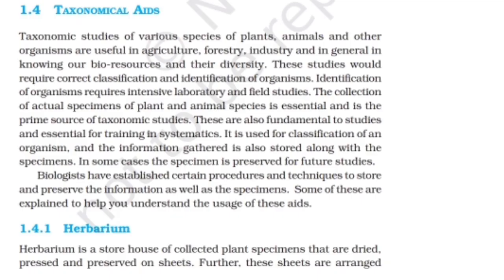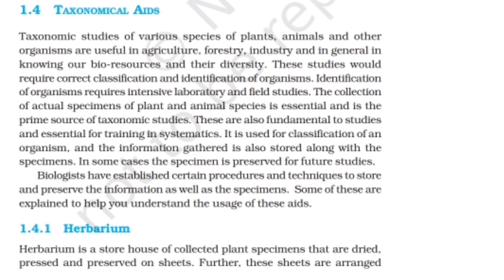1.4 Taxonomical aids. Taxonomic studies of various species of plants, animals and other organisms are useful in agriculture, forestry, industry and in general in knowing our bioresources and their diversity. These studies would require correct classification and identification of organisms.